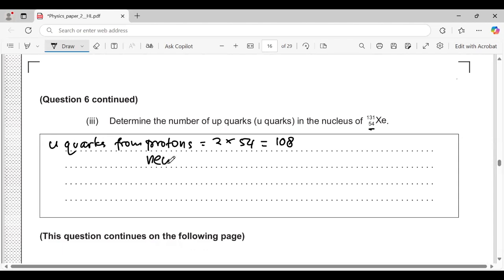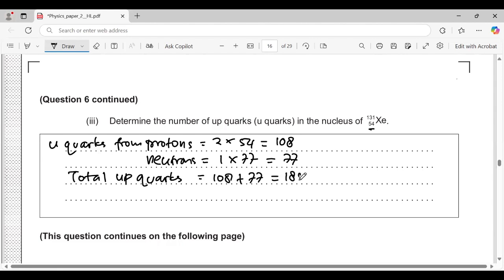And up quarks from neutrons is 1 times 77, equals 77. So the total up quarks equals 108 plus 77, equals 185.